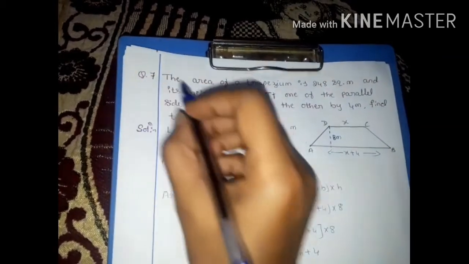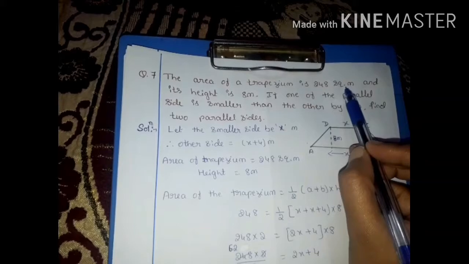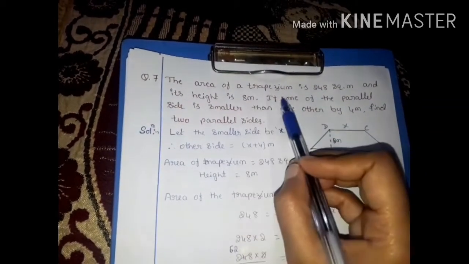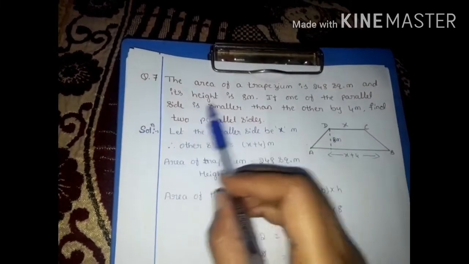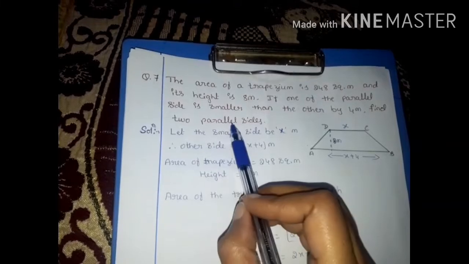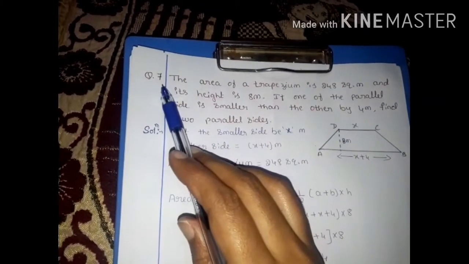Question number 7. The area of a trapezium is 248 square meter and its height is 8 meter. If one of the parallel sides is smaller than the other by 4 meter, find the two parallel sides. Here, this question is important, children.